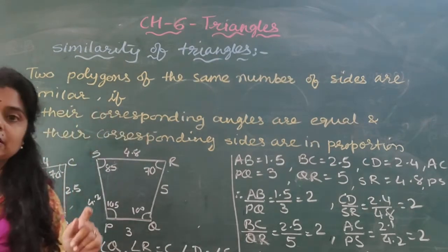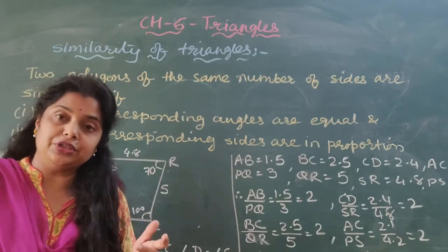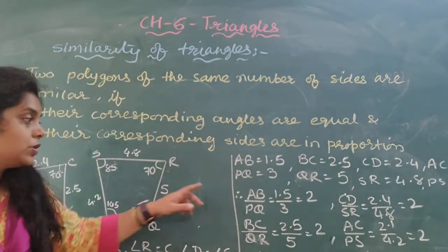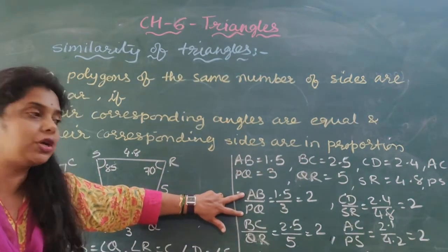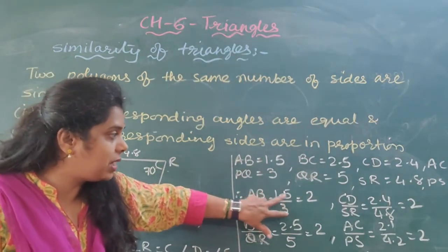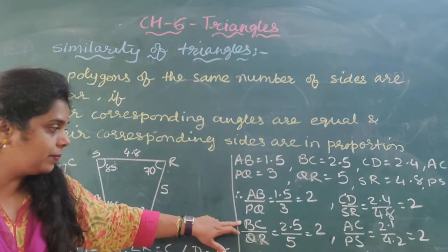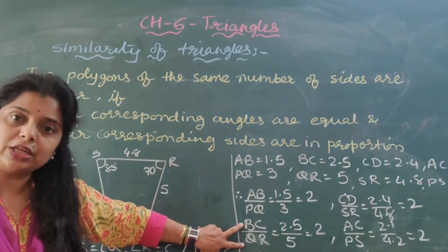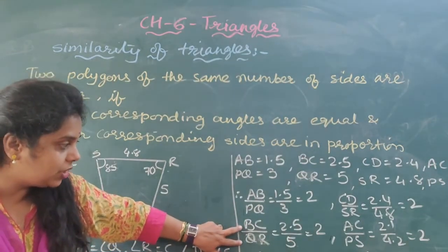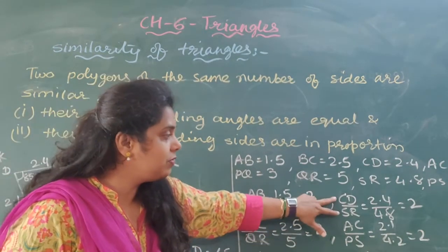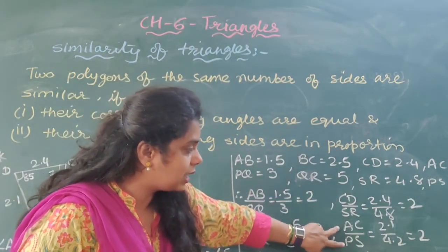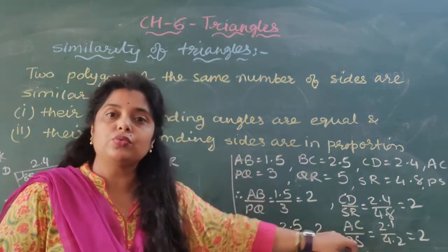So let's check whether we get the same ratio or not. AB by PQ is a ratio of corresponding sides. So 1.5 by 3 is 1 by 2. Similarly, BC and QR are corresponding sides. So after taking the ratio, let's check 2.5 by 5. Again 1 by 2. In this way we can see that CD by SR and AD by PS also give the same.